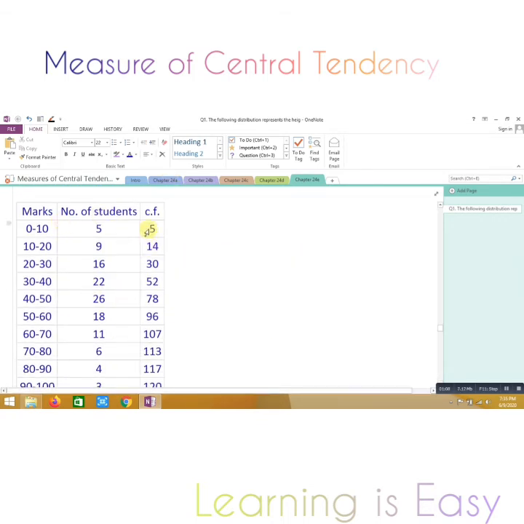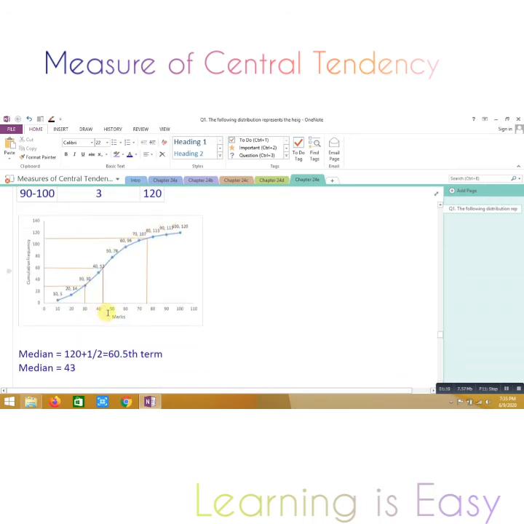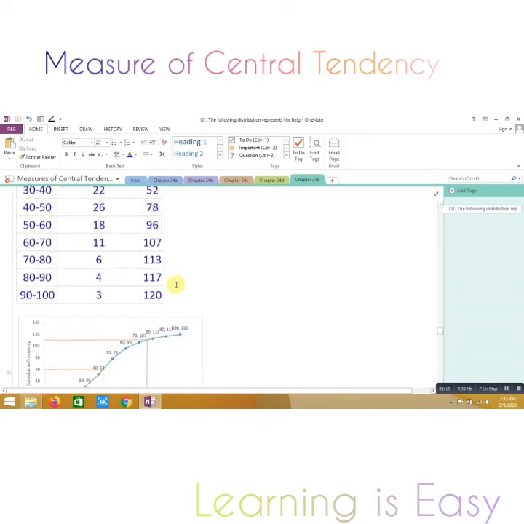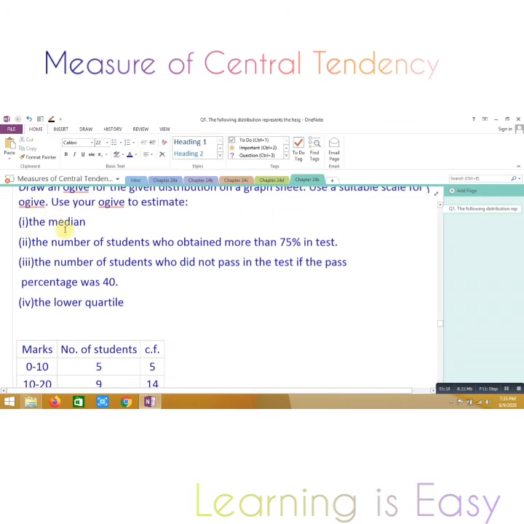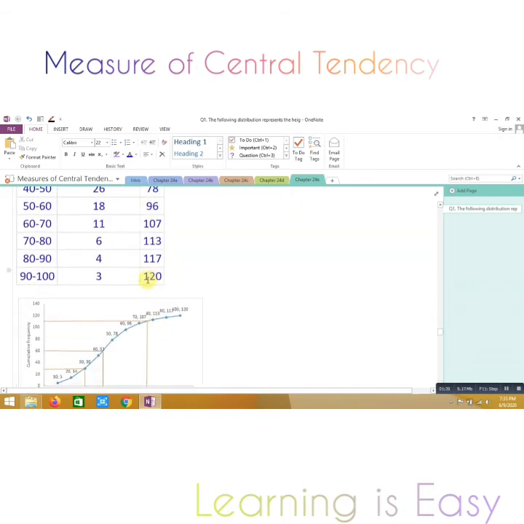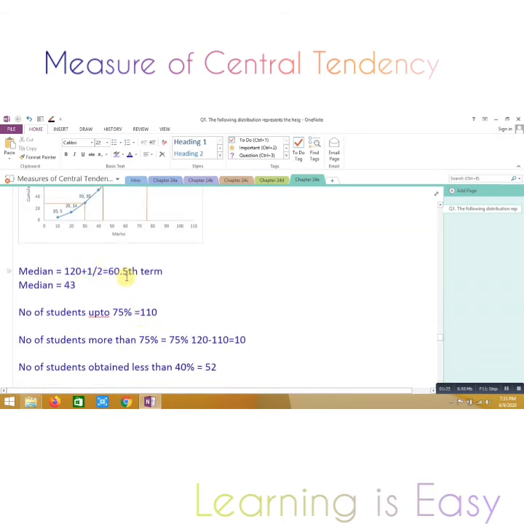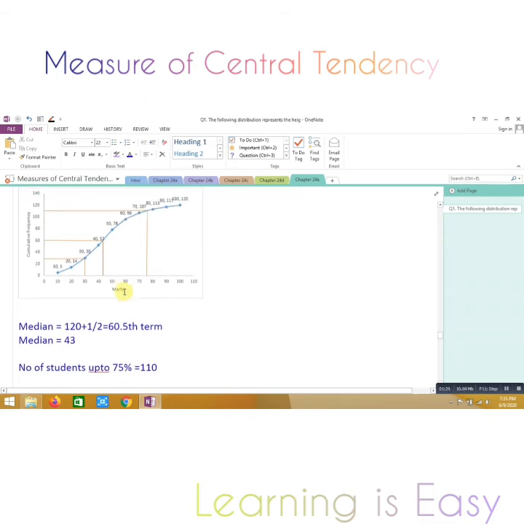So first we need to find the cumulative frequency, then to draw a graph. From that we can get the median point. From the graph reference we get the median point. So that's 43. Then we have to check for greater than 75. So exactly 75% if you draw, you get to know how many got up to 75%.